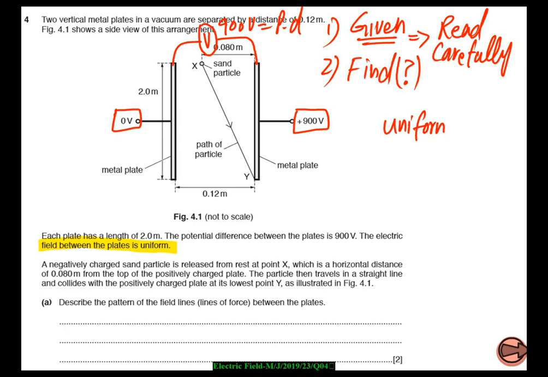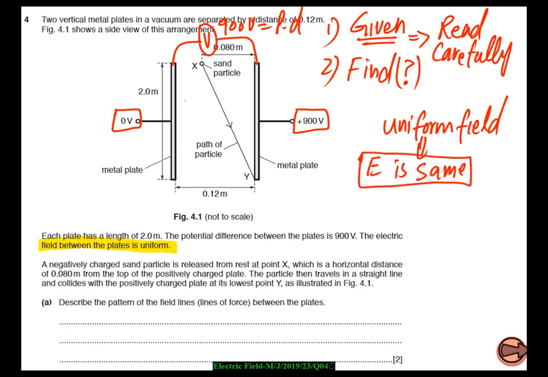If I find the value of E at point 1, E1, and I choose another point close to the positive plate, where the field is E2, then if this field is uniform, E1 should be equal to E2.